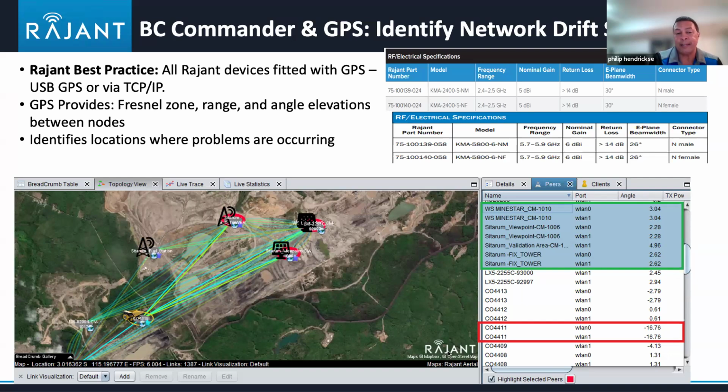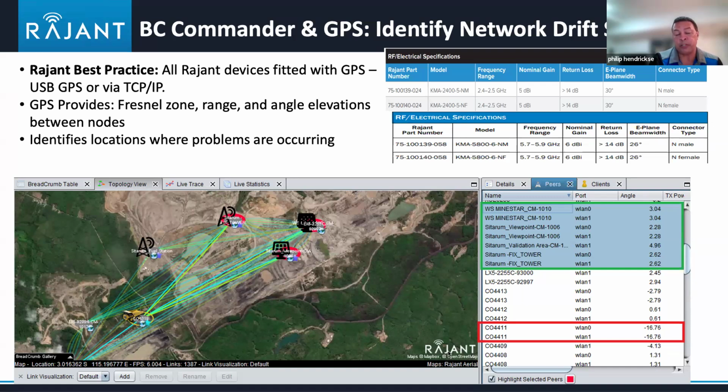Once you attach GPS onto your breadcrumb on your mobile platform, you get to see certain criteria in the peers tab, such as the Fresnel zone, the range between the breadcrumbs, and also your elevation angles between your actual nodes. And that can really identify for you where problems are occurring.